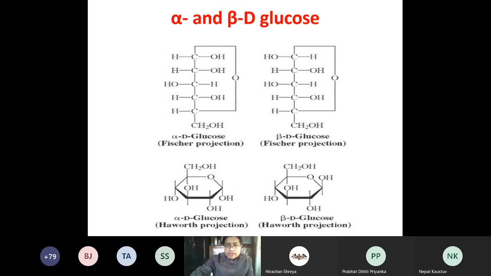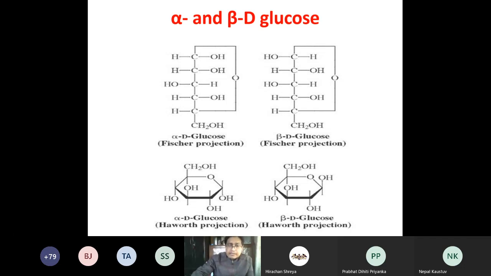The molecule in which the OH is facing upward is known as the beta form. Or we can easily recognize it: if the bulky group CH2OH and this OH are on the same side, it is known as the beta anomer. If the CH2OH and this OH group are in opposite directions, it is known as the alpha anomer.